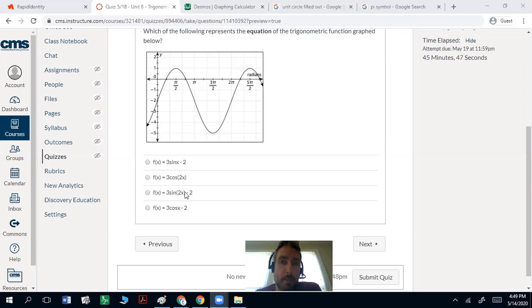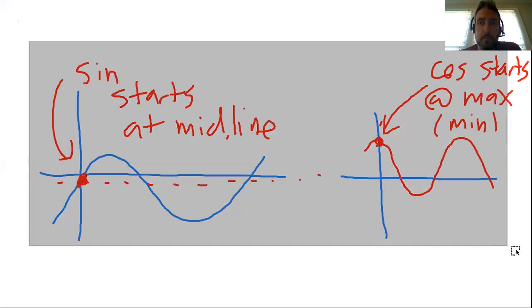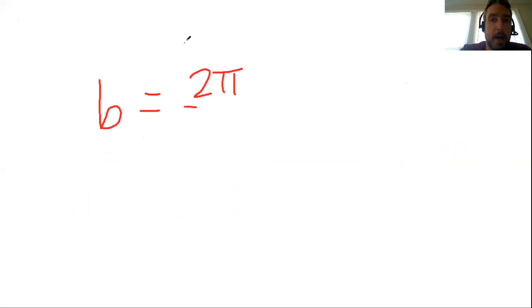So to figure out what that b value is, you can take 2 pi and divide by the period.